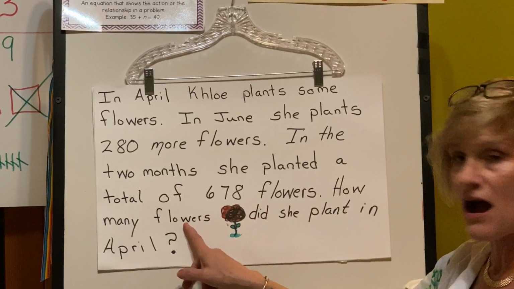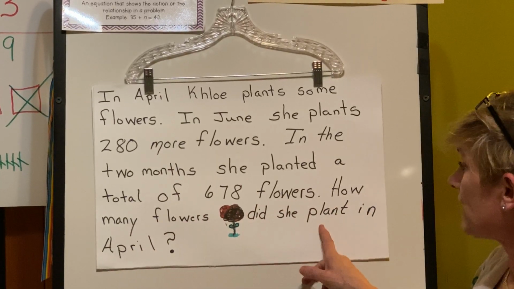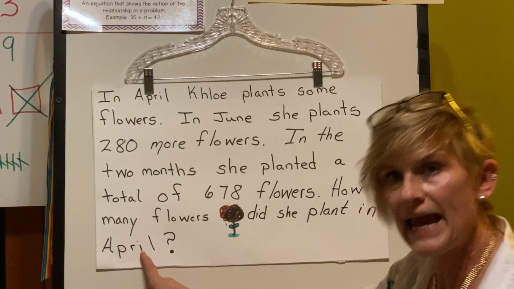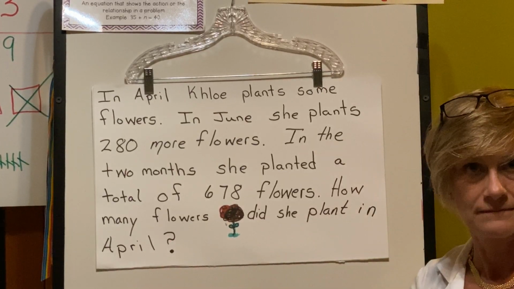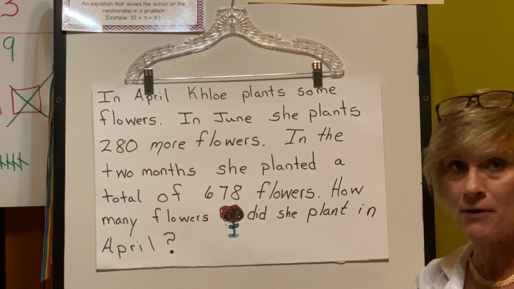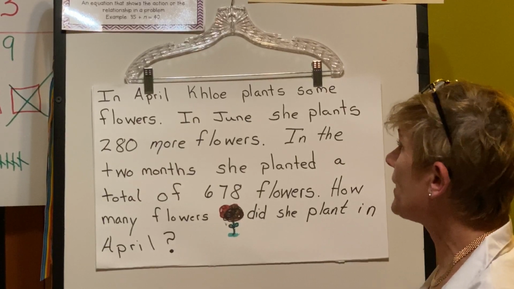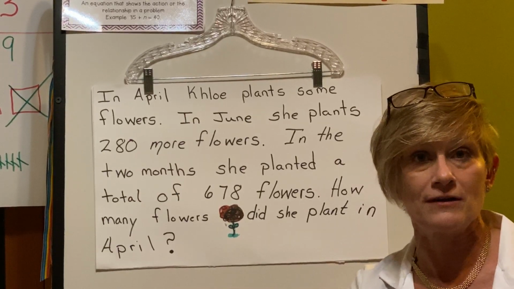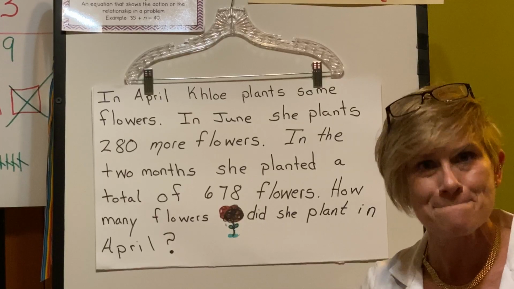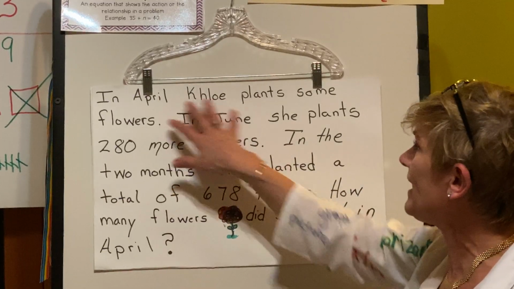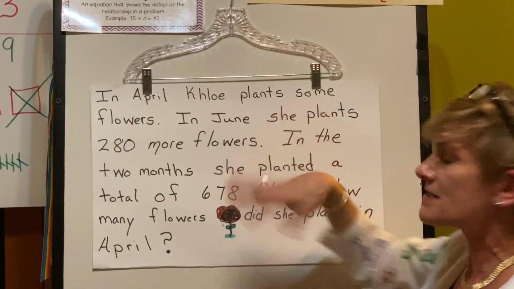How many flowers did she plant in April? So this is kind of that problem, friends, where we have a start unknown. We got this beginning where, in April, Chloe plants some flowers.